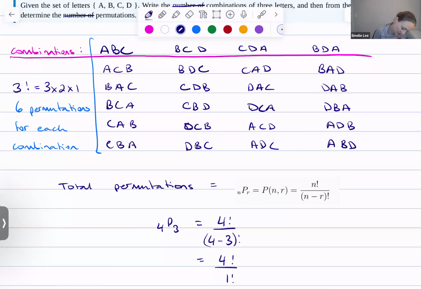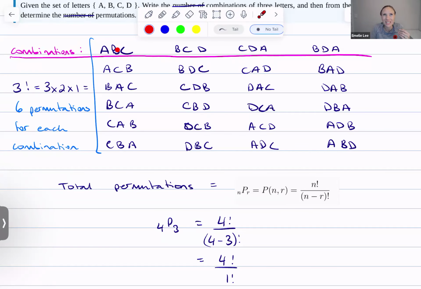Well, if I tell you, hey, you have a group of 3 letters, and I want you to make as many 3-letter permutations as you can, then you would have 3 choices for the first letter, then 2 choices for the second letter, I think you see where this is going, and then 1 choice for the last letter.